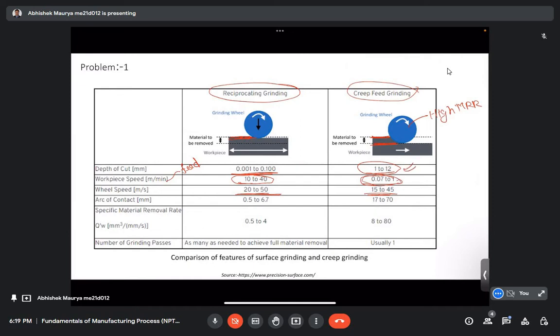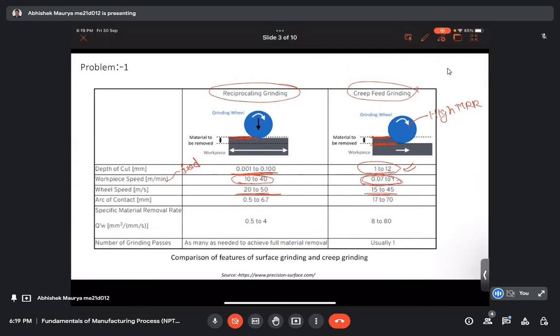Similarly, other differences we can see, like arc of contact. Here there is a very small arc of contact, whereas here the arc of contact is larger. So in the case of creep grinding we have an arc of contact much higher than in surface grinding.